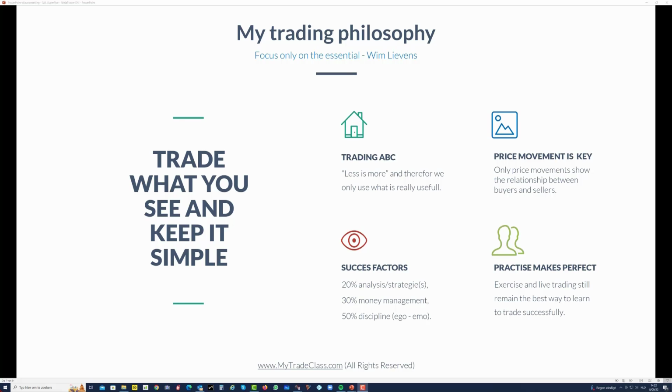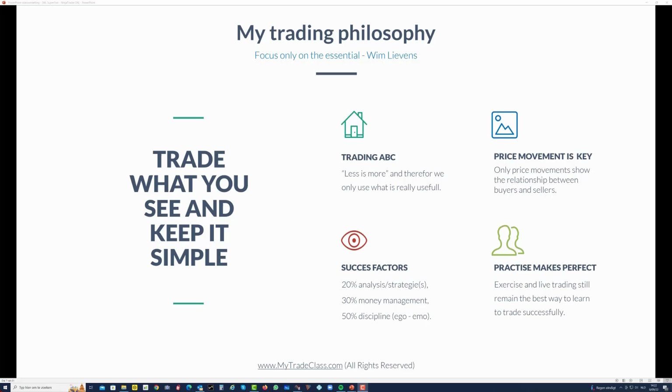Now, as I've said before, price movement is key, combined with volume. I am convinced that in order to make money or to be successful in the markets, only 20% is analysis and the strategies you use, 30% is money management, and 50% is actually putting this all together.